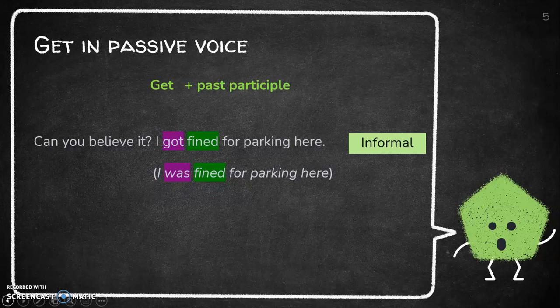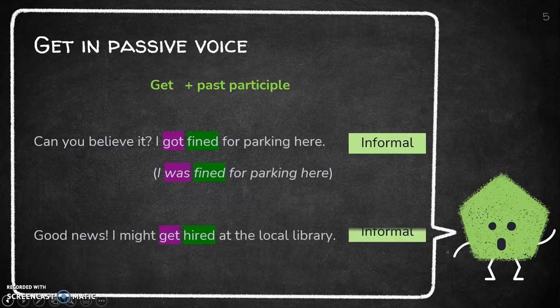So in this case, I had the verb to be in past simple, so I also use the verb got in past simple. Good news, I might get hired at the local library. Again, the use of get gives informality to the sentence. But the sentence could be more formal and be written in typical passive voice form if we use the verb to be instead of get.